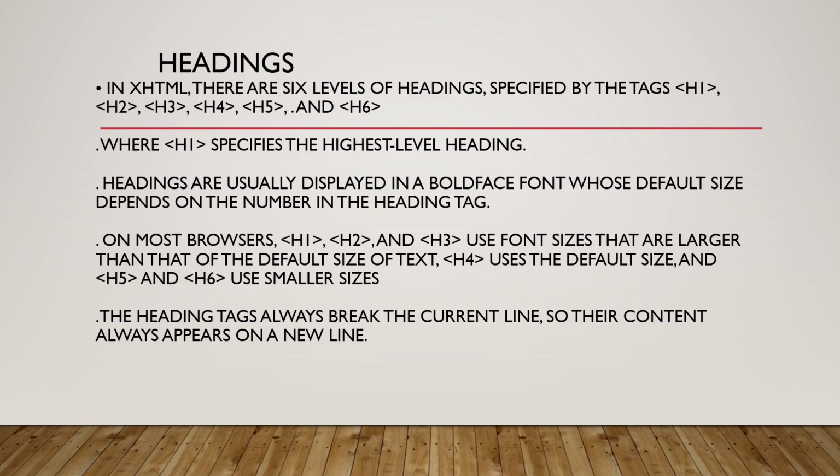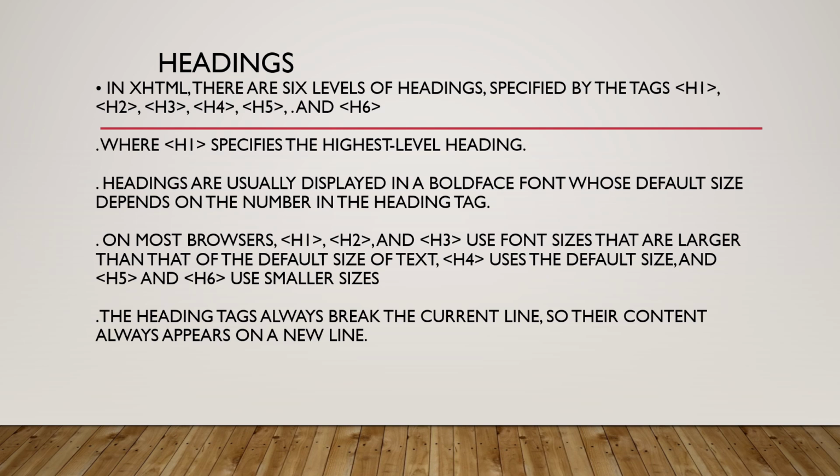And the next slide is about headings. In XHTML, there are 6 levels of headings specified by the tags H1, H2, H3, H4, H5 and H6, where H1 specifies the highest level heading. Headings are usually displayed in a boldface font whose default size depends on the number in the heading tag.